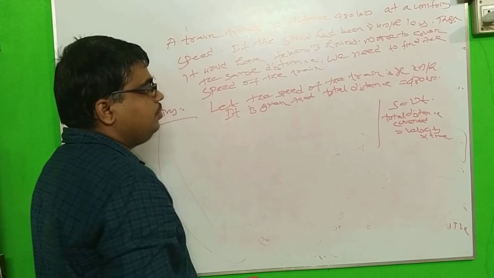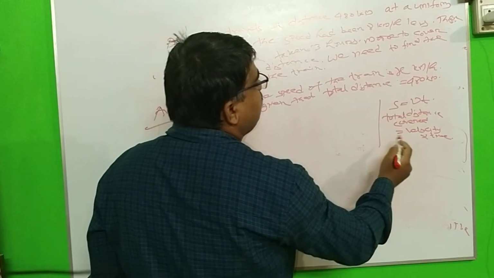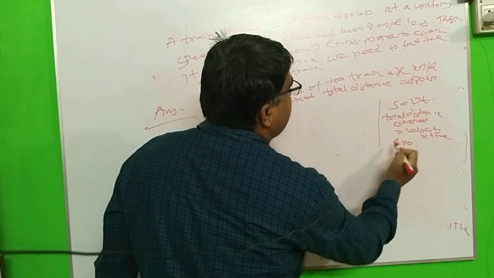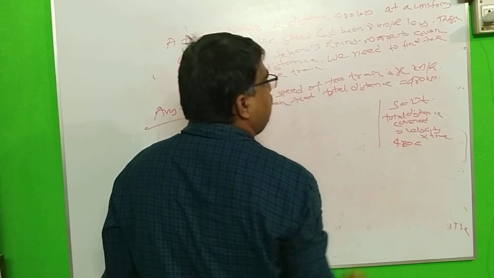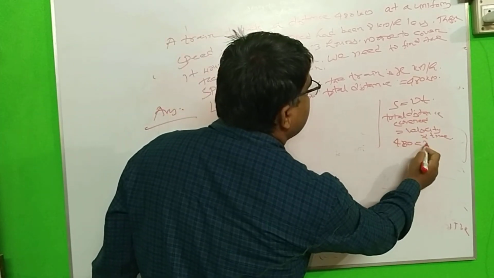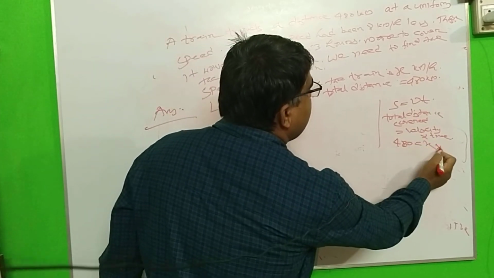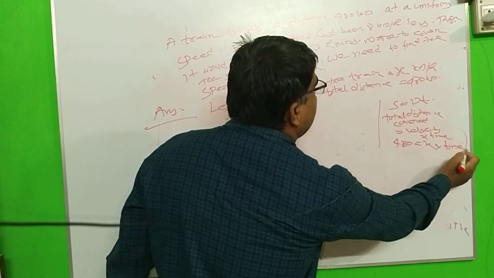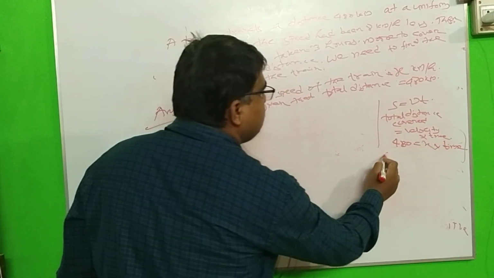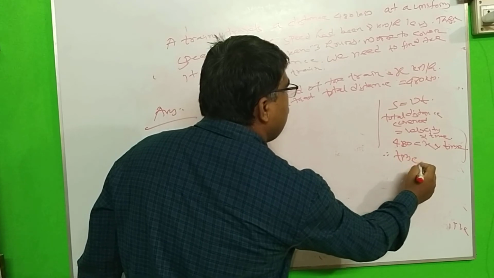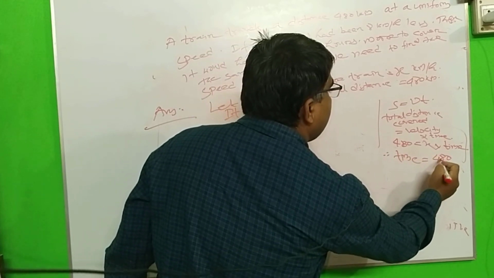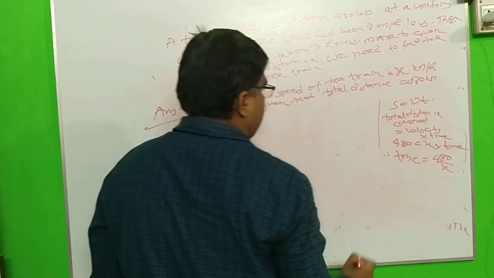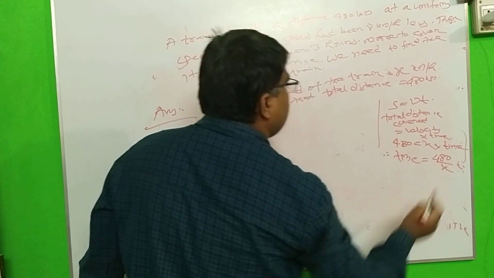Okay, since total distance covered is 480 km and velocity is x, time is not known, hence time equals 480 by x hours.